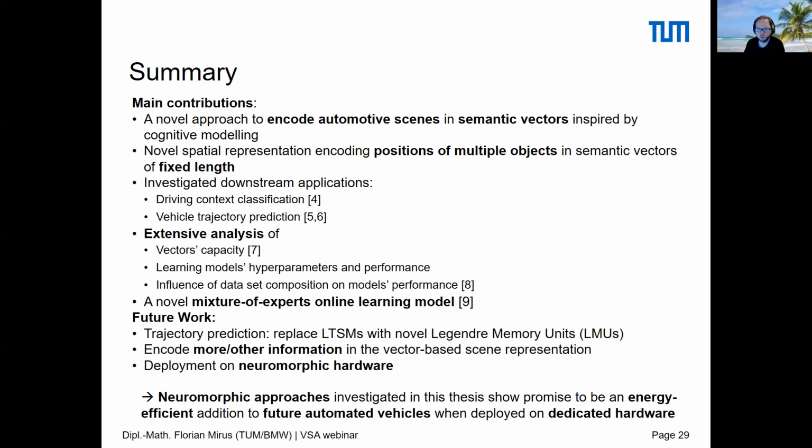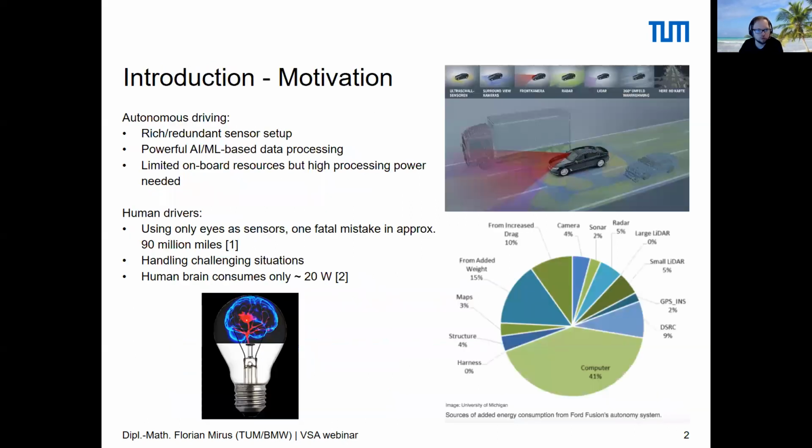And you're right that image processing and also processing of LiDAR data is something that consumes a lot of energy. But I can basically go back to my first slide.